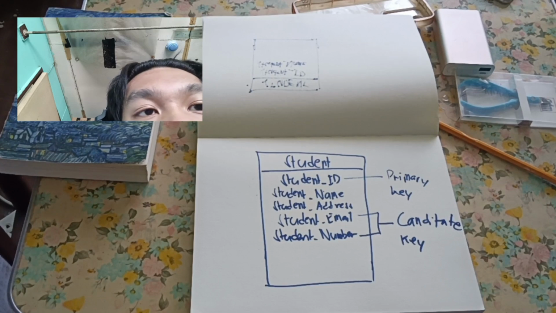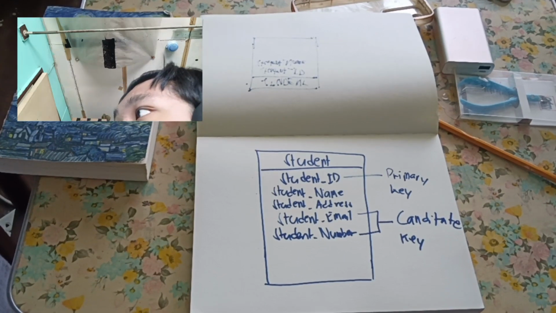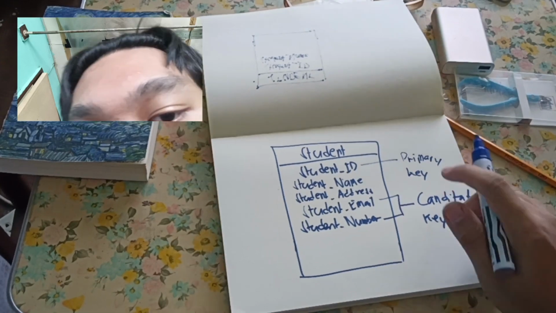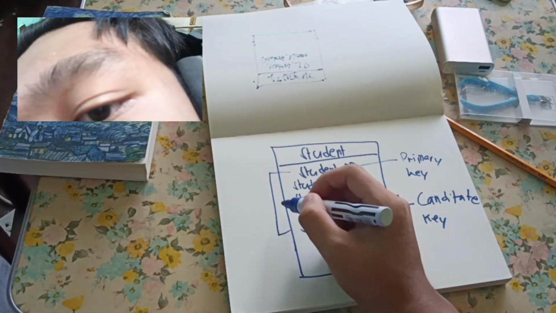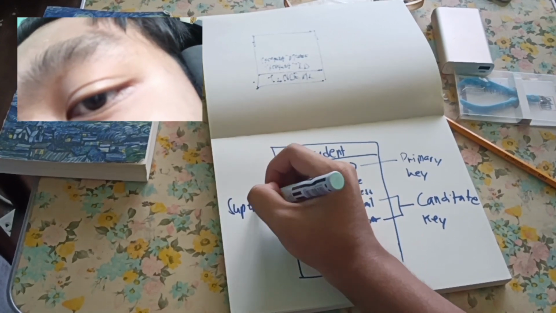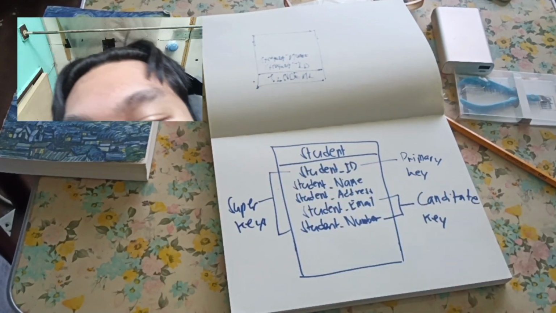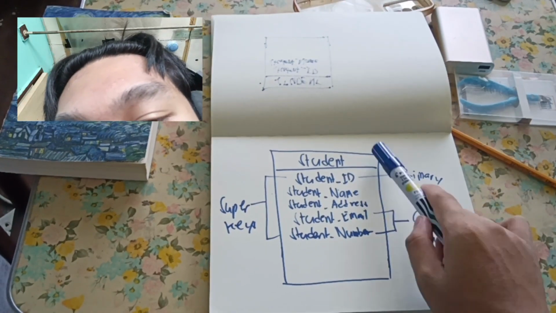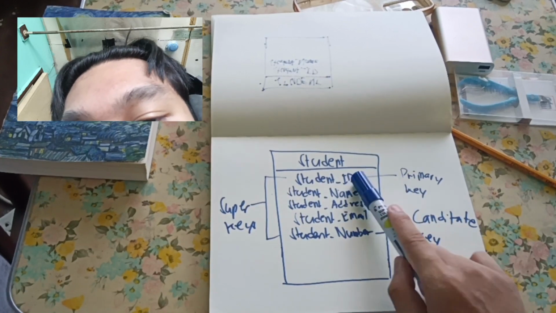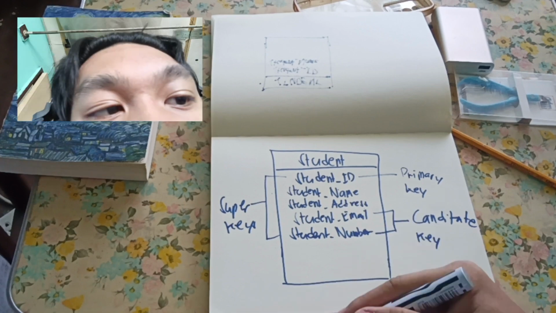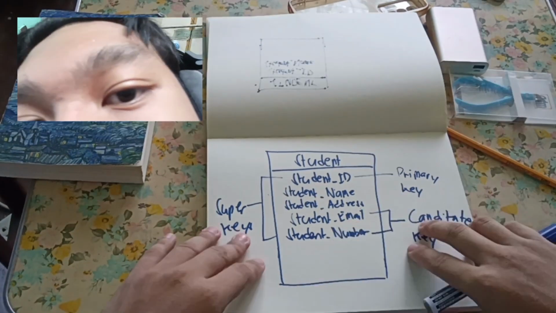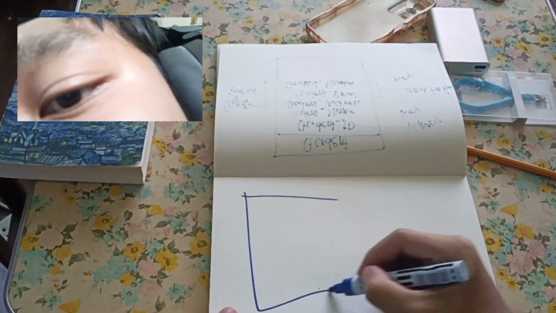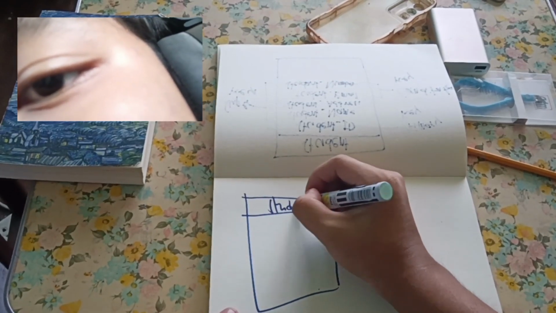Let's now proceed to the super key. This is the superset, and this is all the possible keys that can form a relation. So all of these are super keys because every attribute can combine with another attribute. For example, let's make another table, student again.